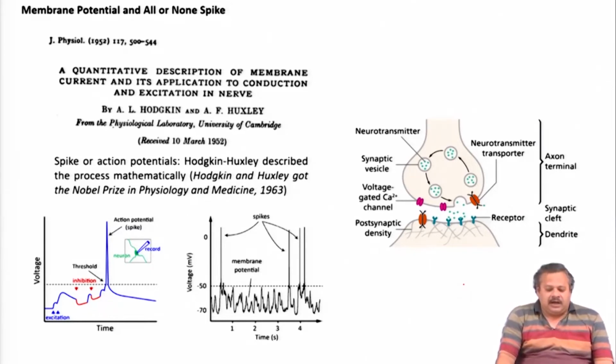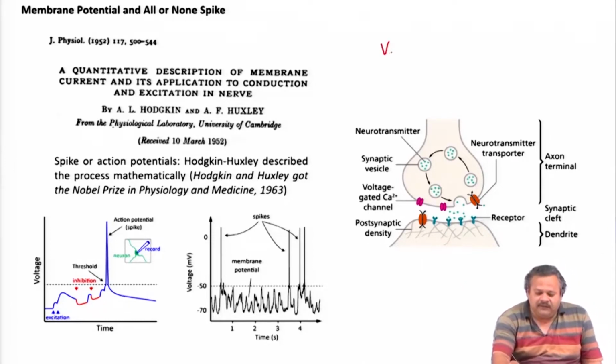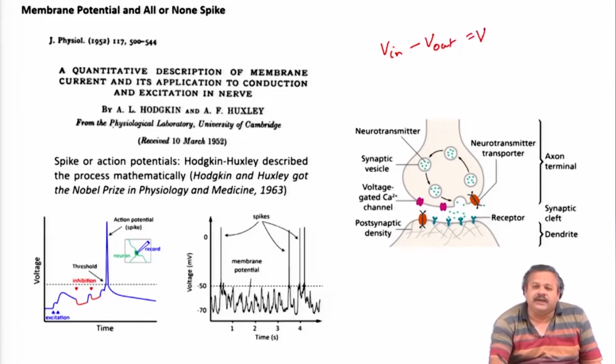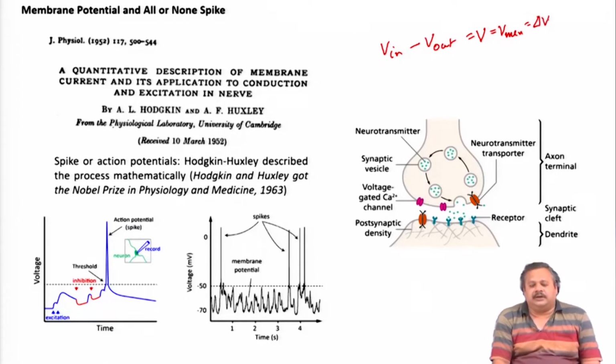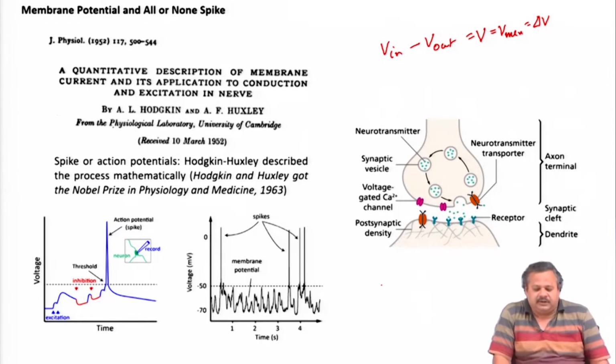If we have a neuron, then the V in, or the potential inside the neuron, minus V out, that is the potential outside the neuron, that is what we will call as V, or the V membrane or delta V, as you may recollect. And this delta V is what contains anything to do with computation by these neurons.